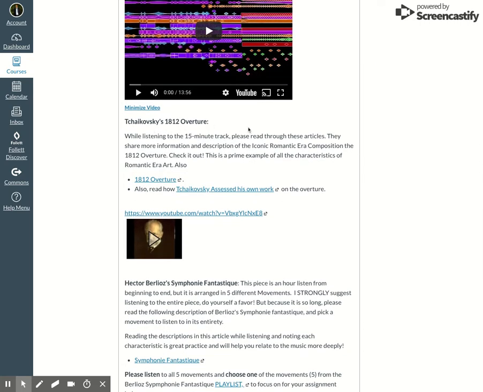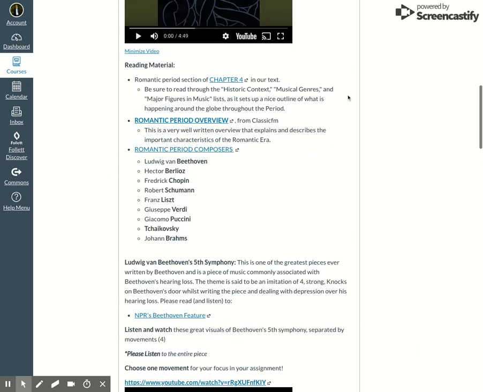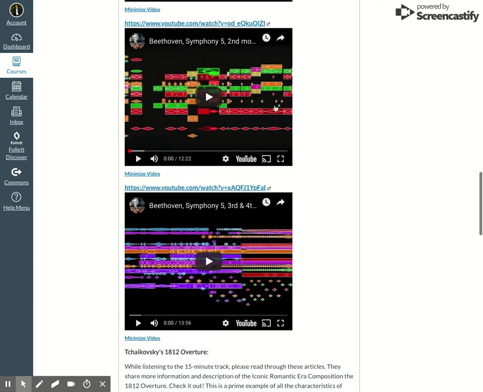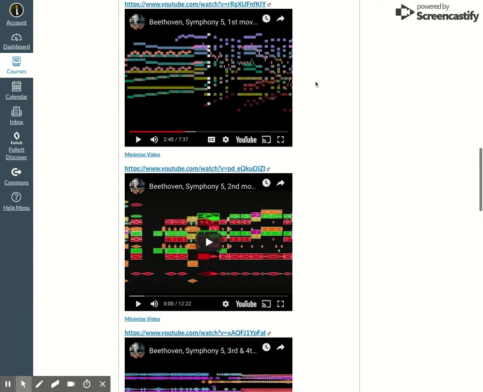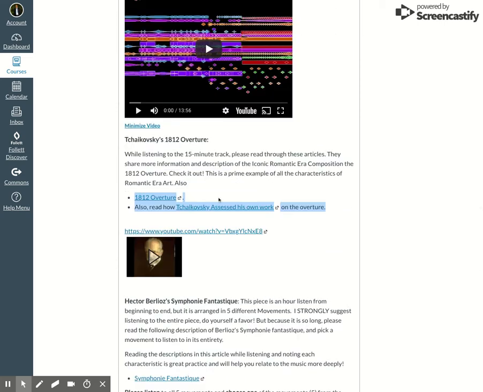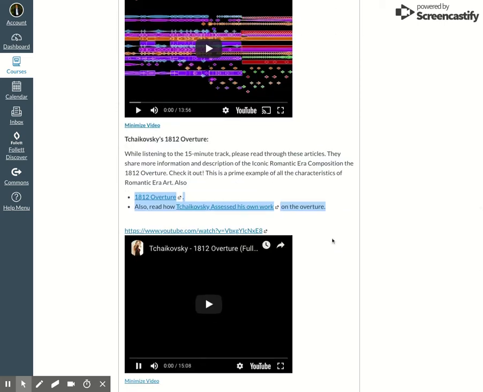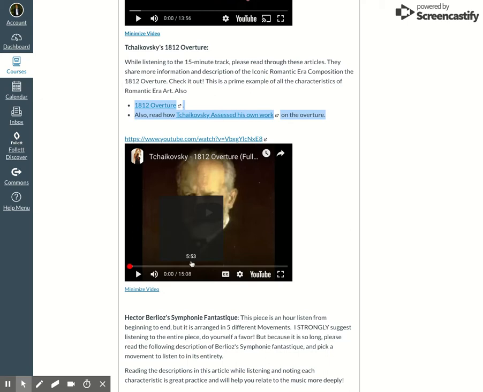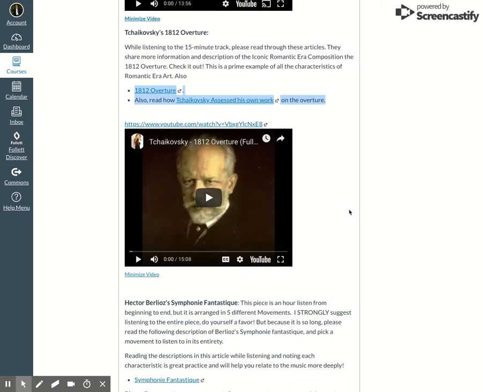The next one is Tchaikovsky's 1812. Read through this information and listen through the entire thing. Now, for the assignment, you're going to have to listen to all 3 of these if you choose Beethoven's Fifth, which is killing. It's such a good symphony. Tchaikovsky's 1812 is about a 15-minute track, so you've got to watch the whole thing, and it's killing too.